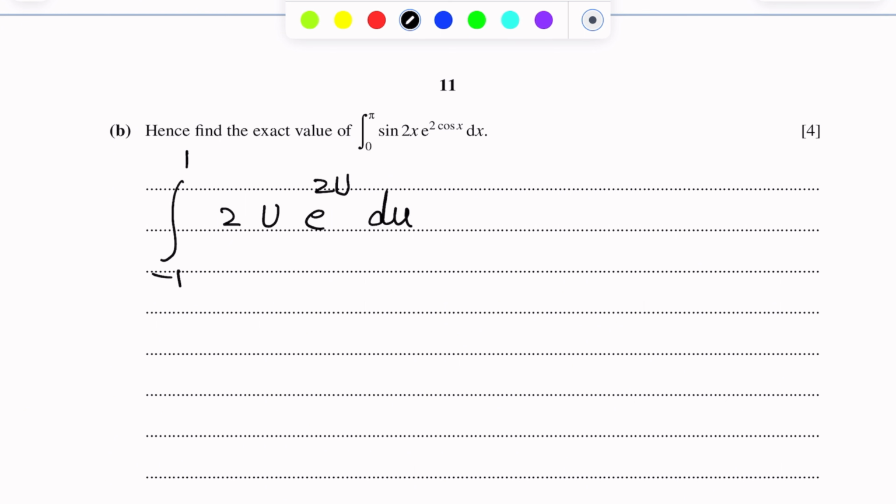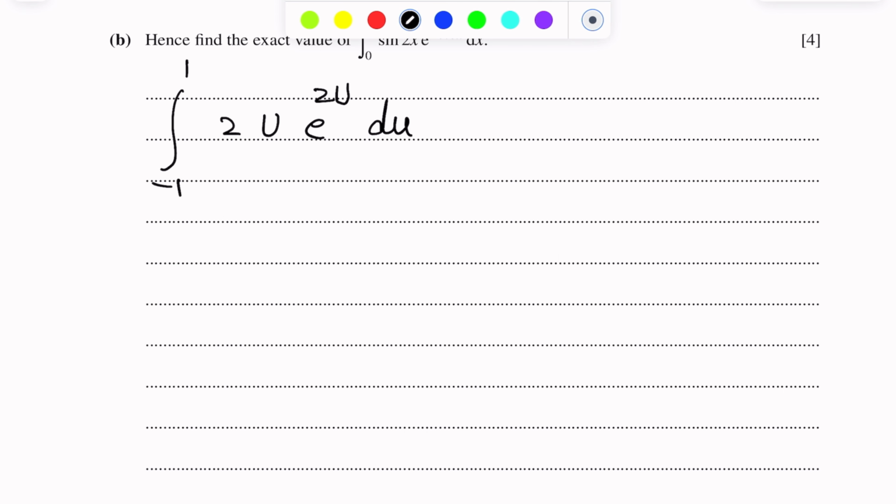Now here we will use integration by parts. This is the first function. We will take this function. First we write it as 2, bring 2 outside the integration sign, integral from negative 1 to 1 of u e power 2u with respect to u.